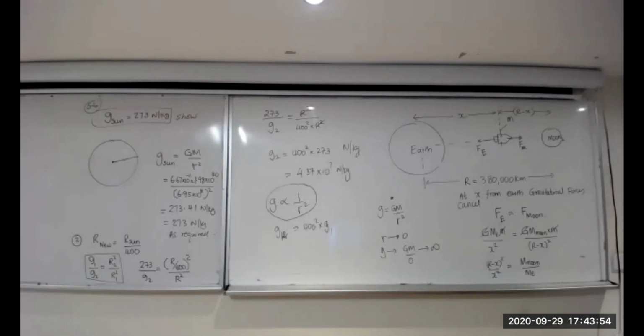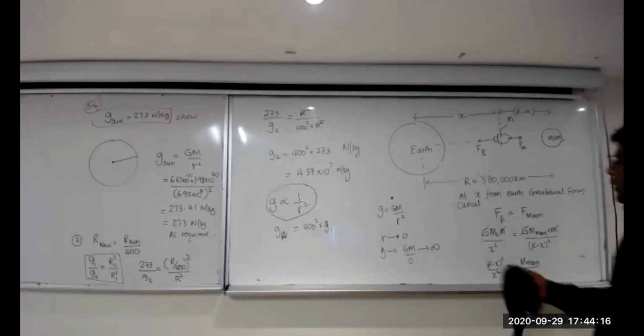As you guys remember, the ratio was 82 or something, like we worked it out before. Yeah, I think we worked it out in the previous question. The ratio was 82. M Earth on M Moon was 80 or 81.